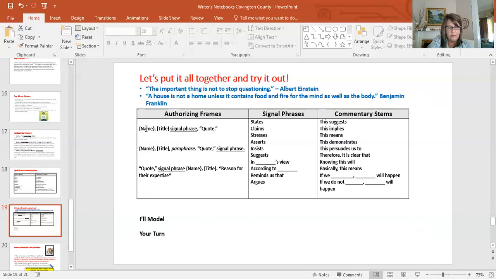If I choose this one, it would be Albert Einstein, a famous physicist, insist or suggest, or I could say, according to Albert Einstein, a famous physicist, and then do the quote. Okay. Or I could do the quote, a signal phrase, do this one.